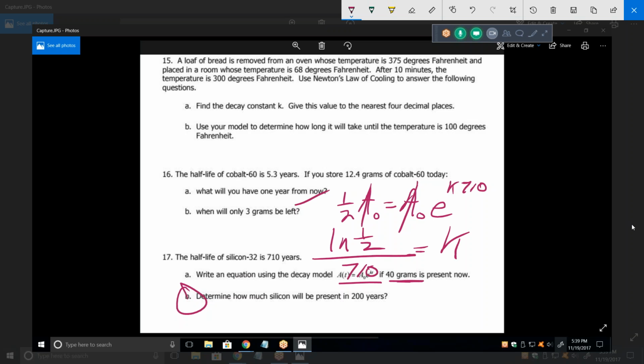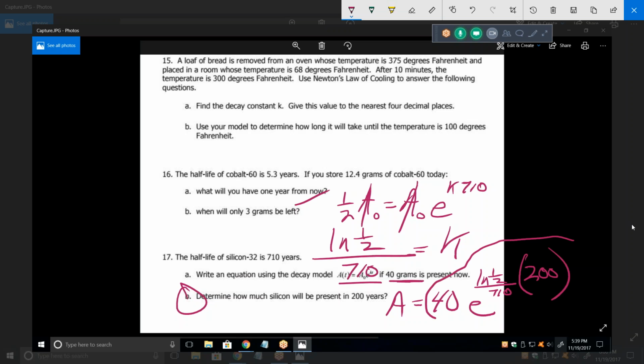And now, how much will be present in 200 years starting with 40? You can go amount equals 40 times E to the, here's what I meant. I said you could write it like this. In other words, instead of approximating it with a decimal, I'm going to do that. And now, if I put that into my TI Inspire, I'm getting an exact answer that I can then round off.